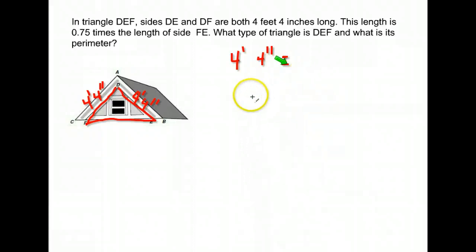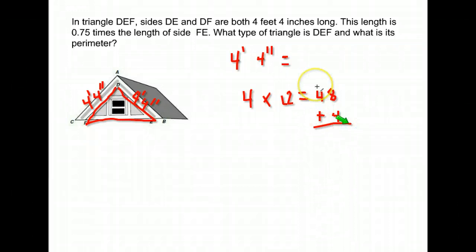Good, 48 inches and 4 more. So for the 4 feet, we go 4 times 12, because there's 12 inches in a foot. That gives us 48 inches. And then we had 4 more left over. So it's a total of 52 inches.